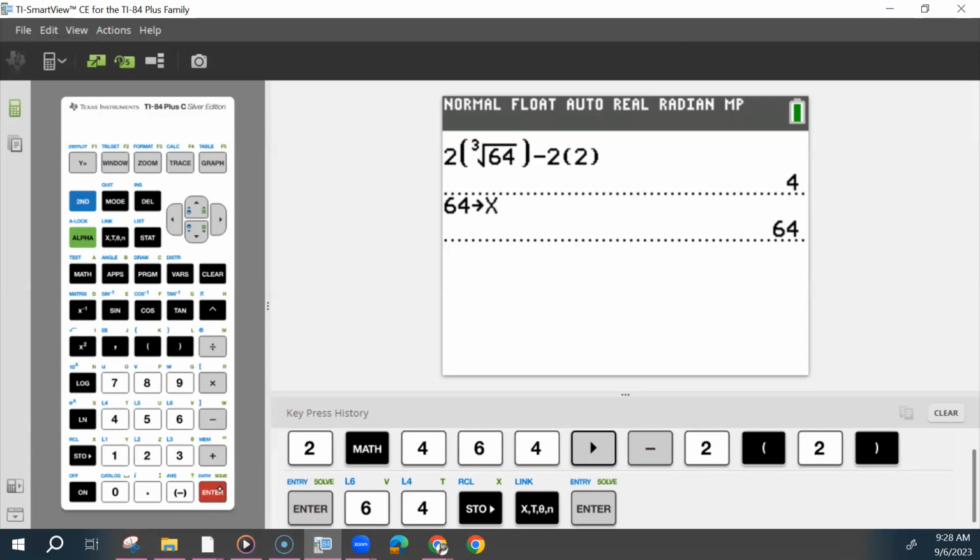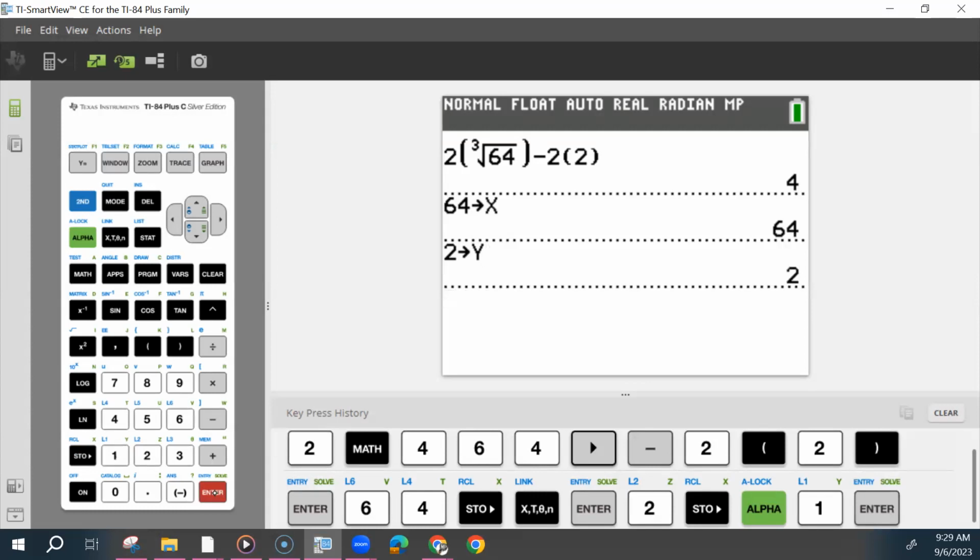I'm gonna do the same thing for Y. So I need Y to be 2, so 2 STO, but I have to find Y. It's in green. So I have to hit alpha and then 1. And then enter.